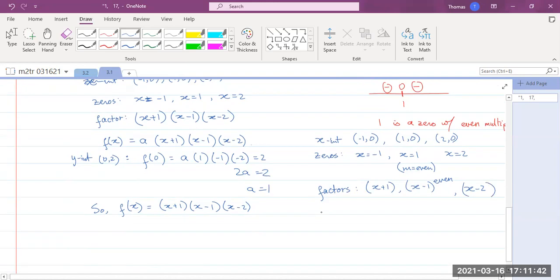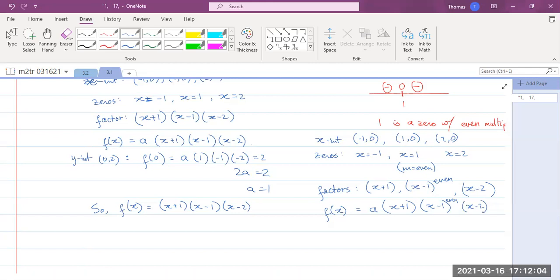Okay, so f(x) is equal to leading coefficient a times x plus 1 times x minus 1 to the even power, and x minus 2. We cannot go on further from there, but at least from the options we see, this is option D. That's the only one that has that pattern.